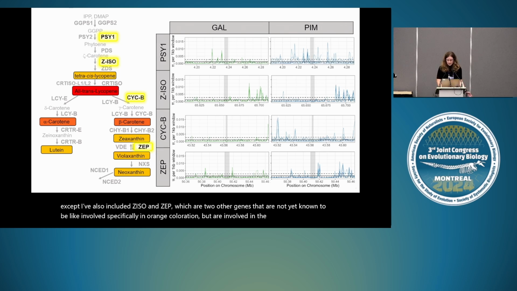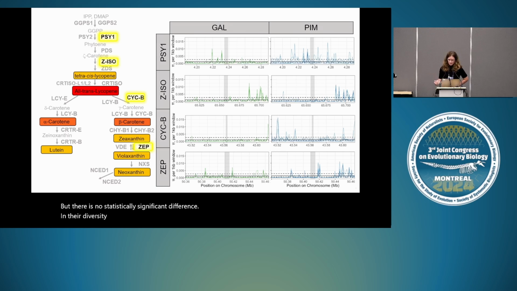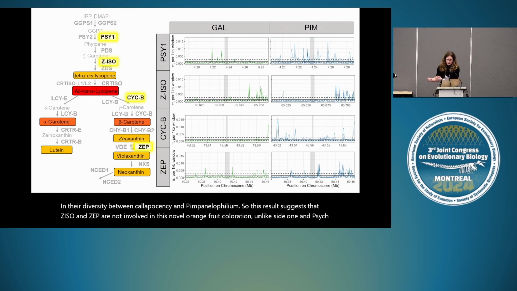Both of these genes, like Cy1 and Psych-B, have low diversity relative to genome-wide patterns, but there is no statistically significant difference in their diversity between Galapagensii and Pimpinellifolium. So this result suggests that ZISO and ZEP are not involved in this novel orange fruit coloration, unlike Cy1 and Psych-B, which both are different between Galapagensii and Pimpinellifolium and have fruit-specific functions.